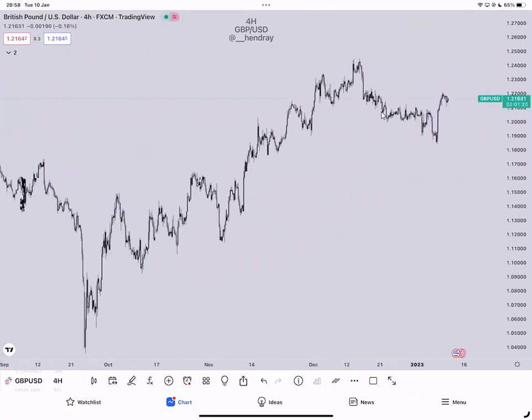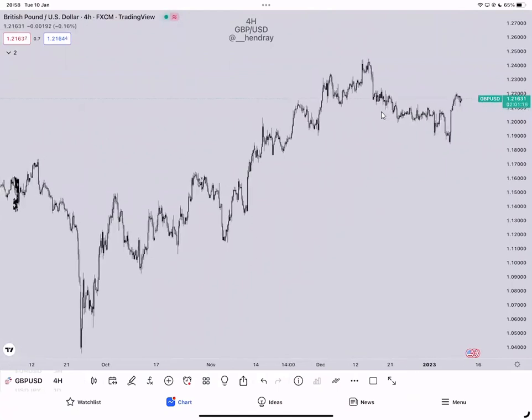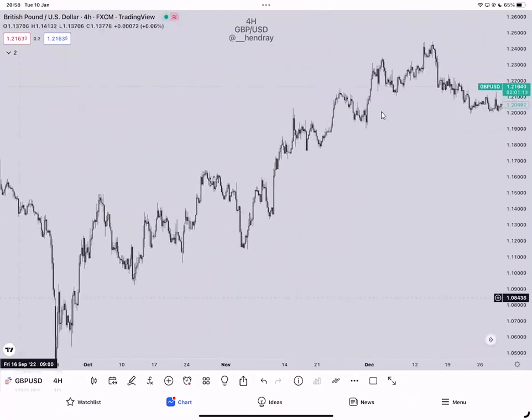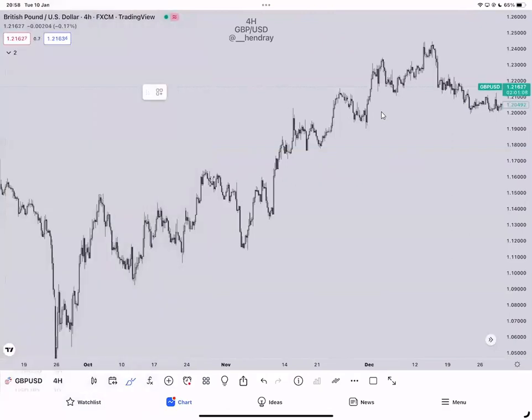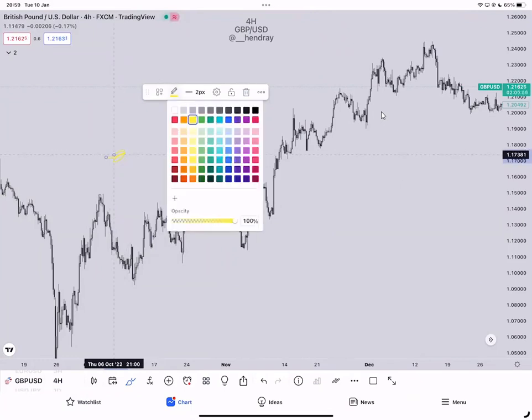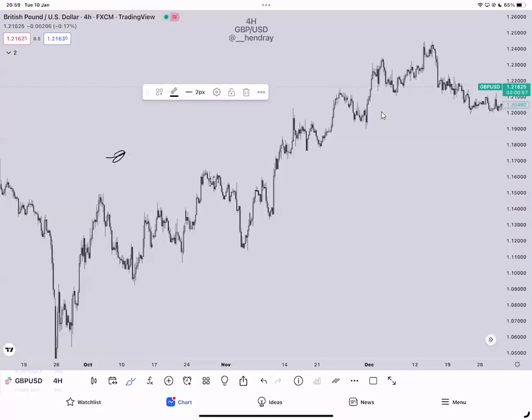For example, let's look at this bullish trend right here. So we have a low somewhere there. I want to look at the bullish trend actually. Okay, let me start from here.